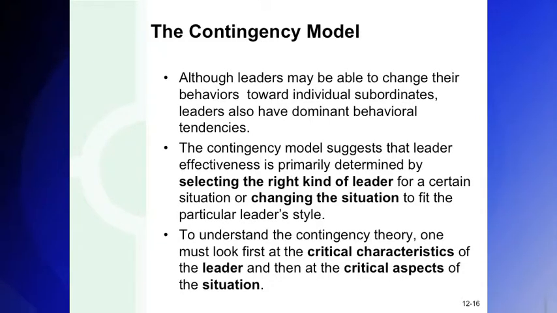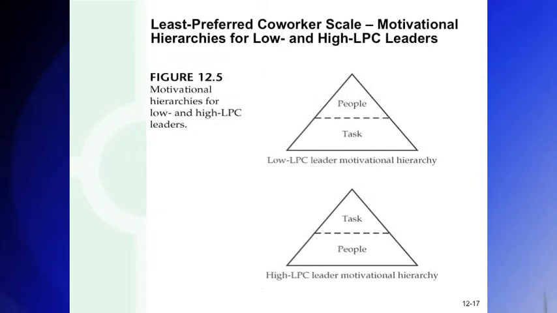To understand the contingency theory, one must look at the critical characteristics of the leader and then the critical aspects of the situation. And that's where the contingency model really comes alive. Figure 12.5 in the book talks about the least preferred coworker scale, motivational hierarchies from low to high leaders. And again, we're back to almost a motivational theory of leadership.